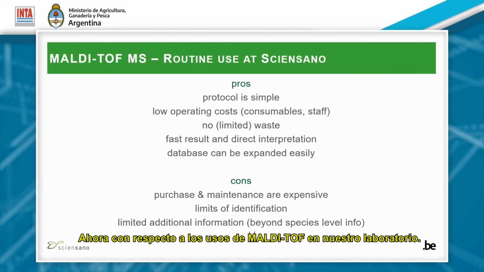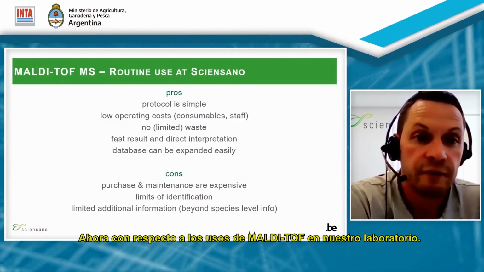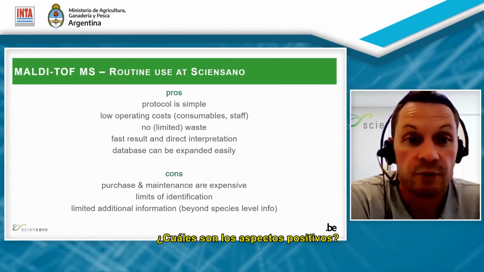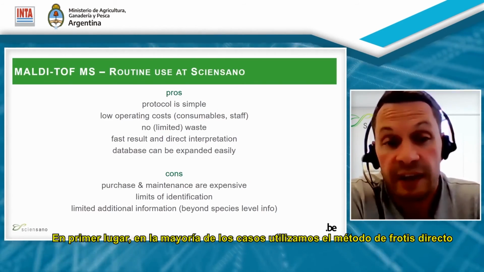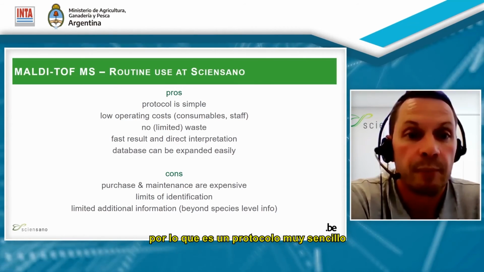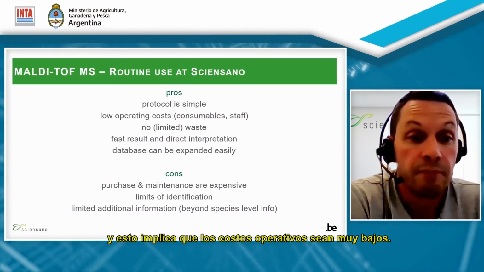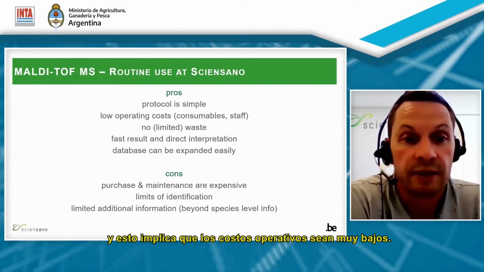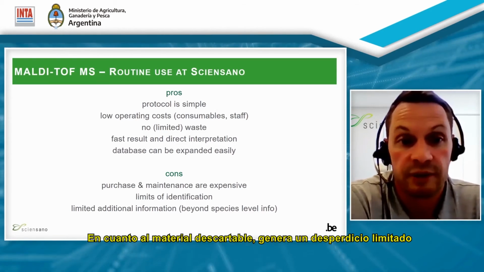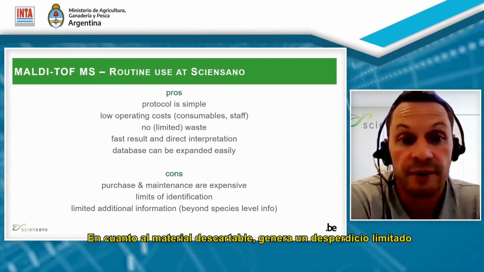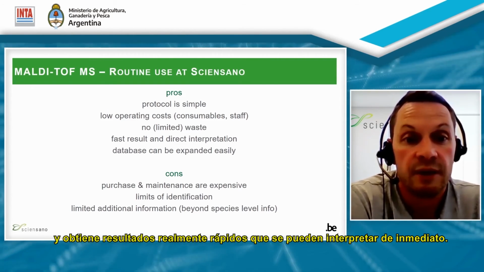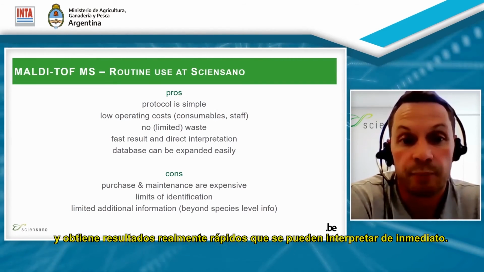Now, regarding the use of MALDI-TOF at our lab, what are the positive aspects? First of all, in most cases, we use the direct smear method. So it's really a very simple protocol, which means that operating costs regarding consumables and staff are very low, you generate limited waste, and you obtain really fast results that can be immediately interpreted.